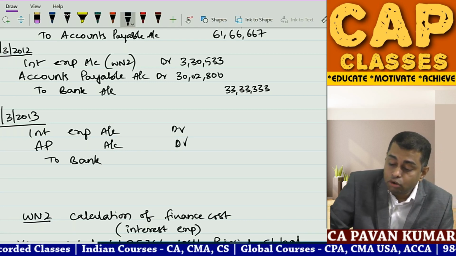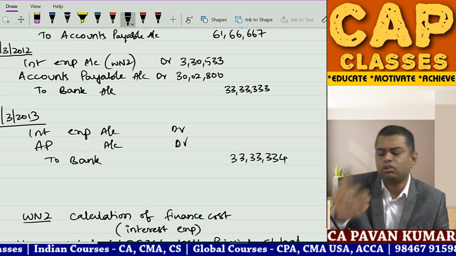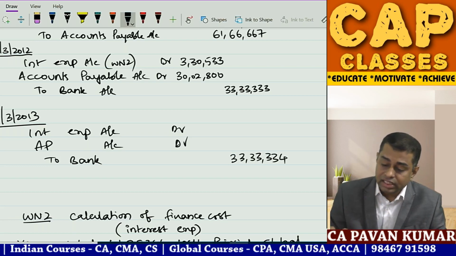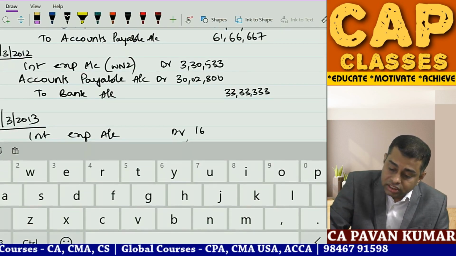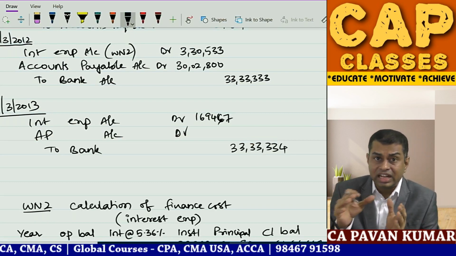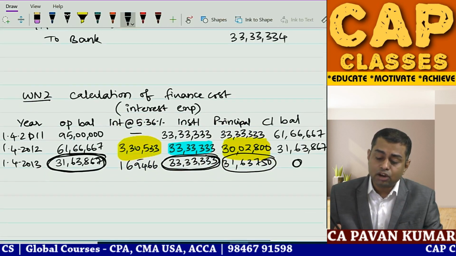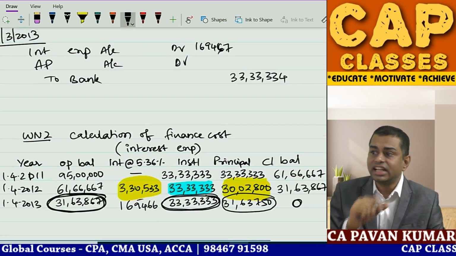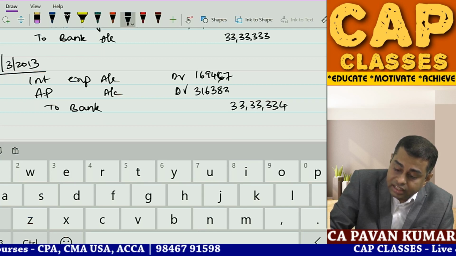To bank how much? 33,33,333 or 4, whatever. Interest expense is 1,69,466. 1,69,467 it will be. 1 rupee we increase, 33,33,334. So 1 rupee will be increased. So the balance is accounts payable. How much is it? 31,63,867.